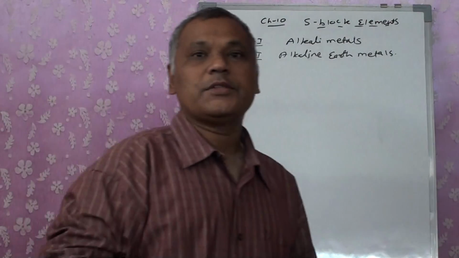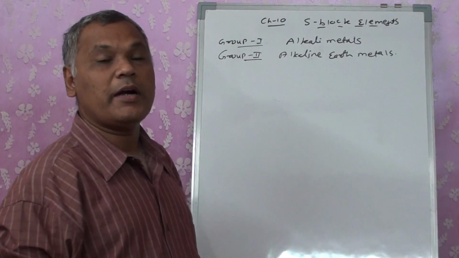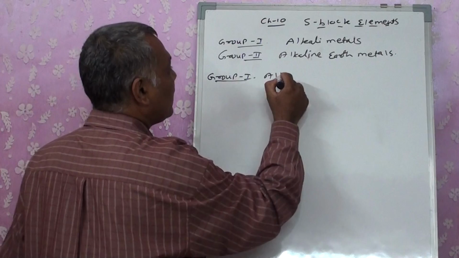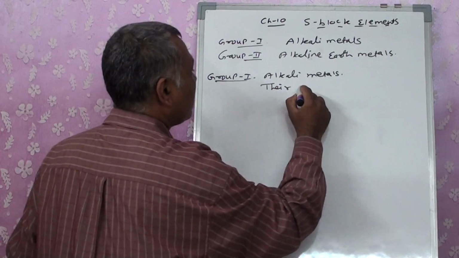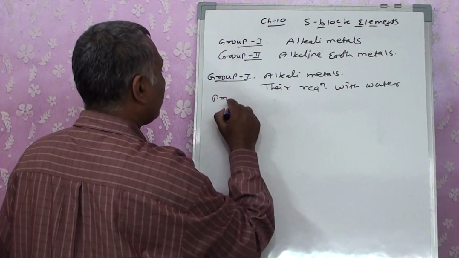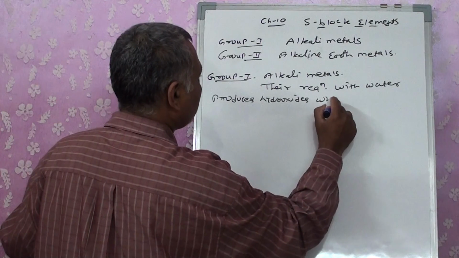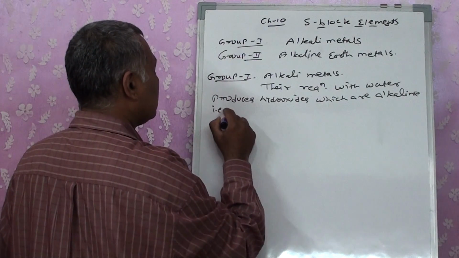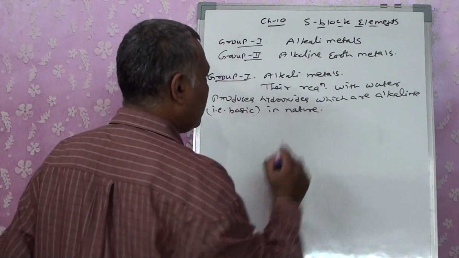Particularly, the first group elements are termed alkali metals. The reason is that these group 1 alkali metals, when they react with water, produce hydroxides which are alkaline, that is, basic in nature.